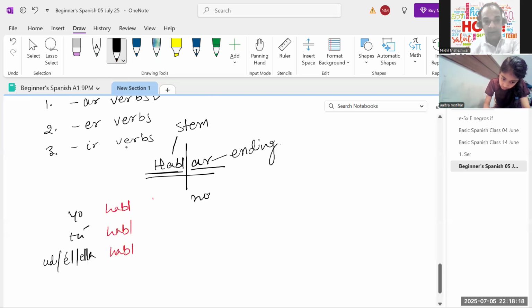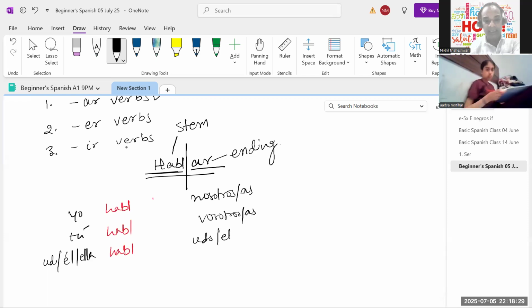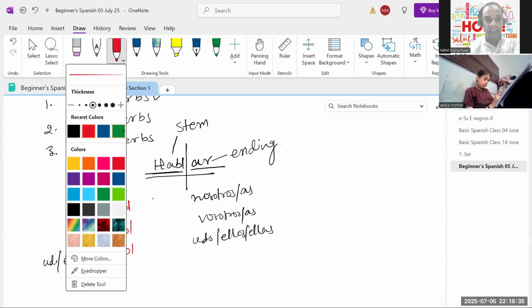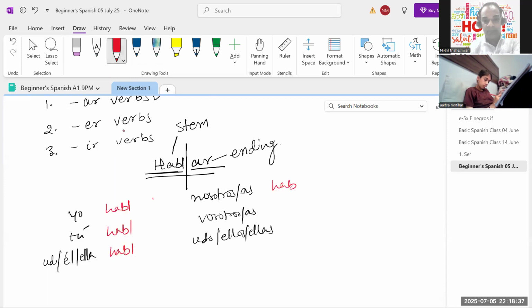Here I have nosotros, nosotras, vosotros, vosotras, and ustedes, ellos, ellas. For them, I write the stem here again, HABL.